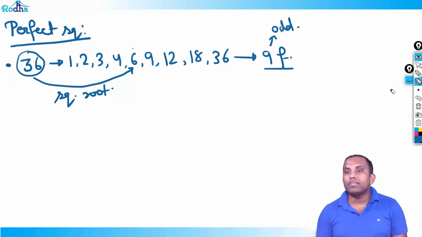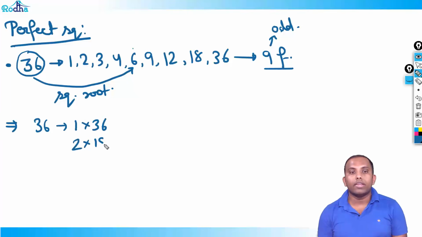So a term, distinct, will always be used here. If I write 36 as a product of its factors, 36 will be 1 into 36, 2 into 18, 3 into 12, and 4 into 9.